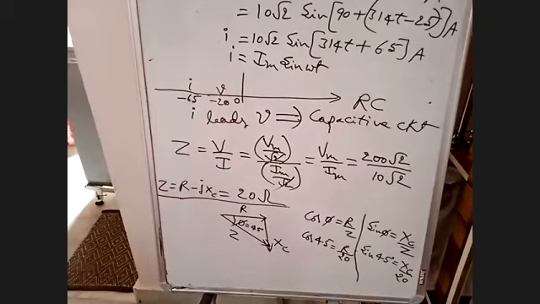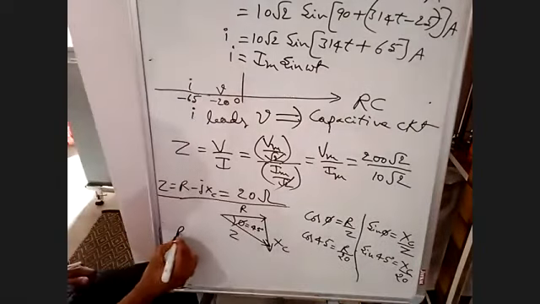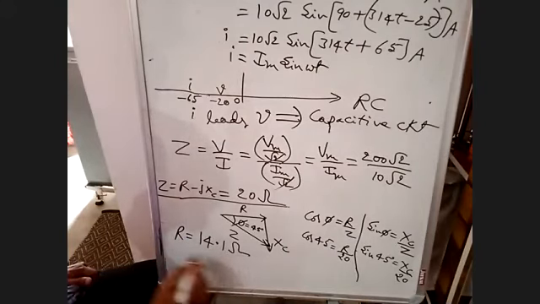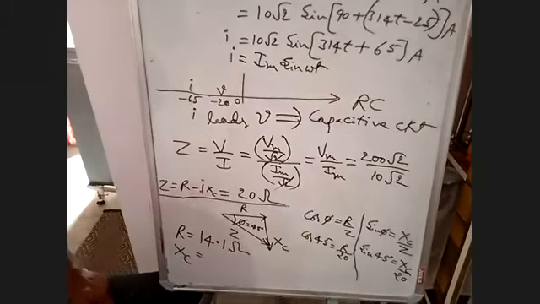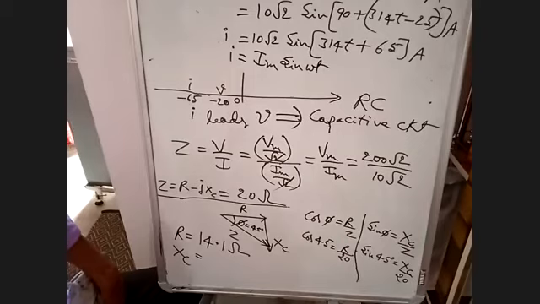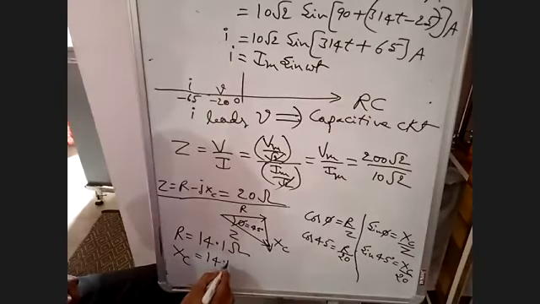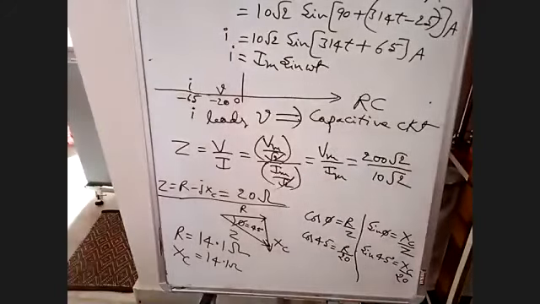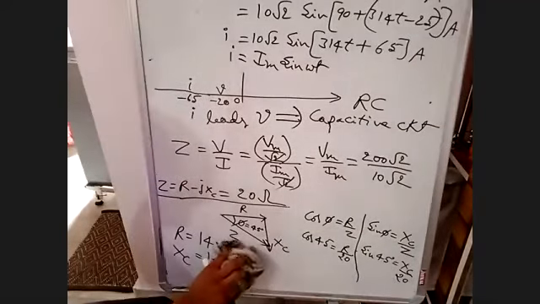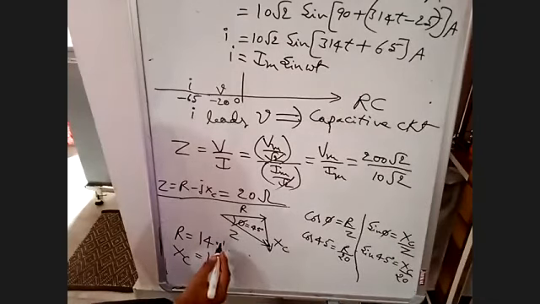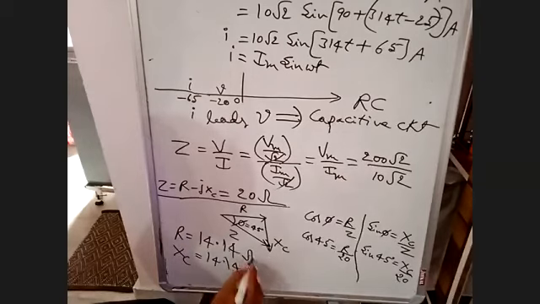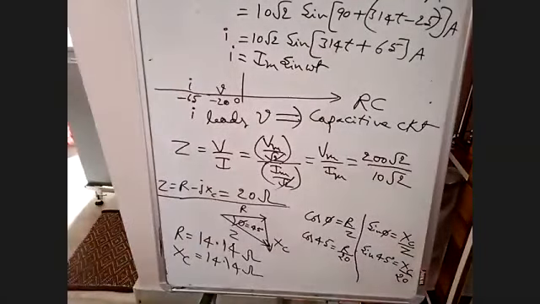Tell me R value and XC value. 14.14. You will get equal values, R and XC.